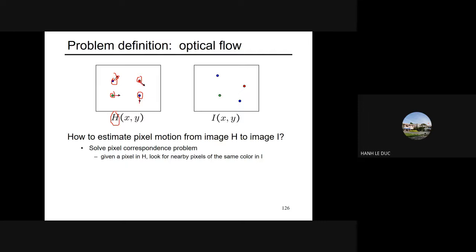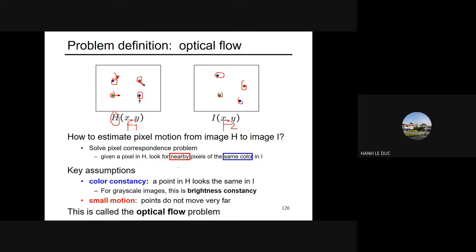After the moving, we have the new position of these points in the next frame. We can say this is frame one and this is frame two. When we say this is small motion, that means this point and this point do not move very far.